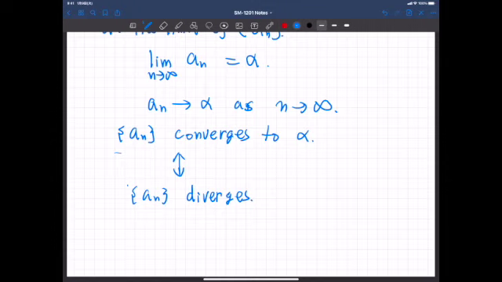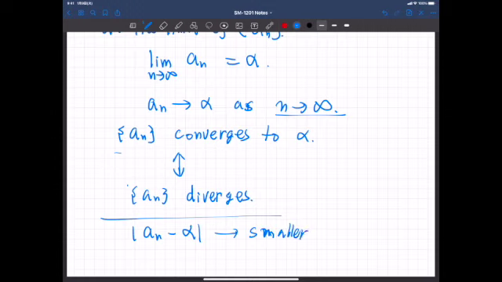Okay, so this is the definition. What this means is that as n goes to infinity, so if n gets bigger and bigger, then the difference between an and alpha becomes smaller and smaller. So this converges to 0 actually, but we will make the notion of convergence more precise later.